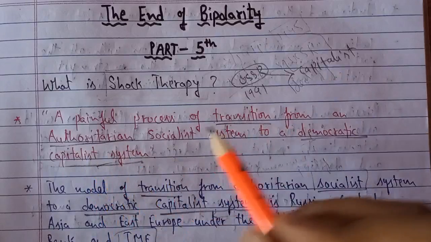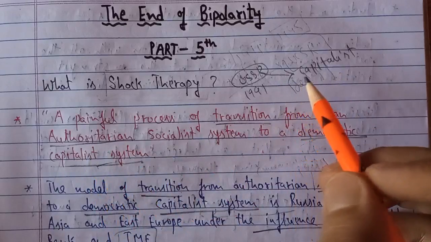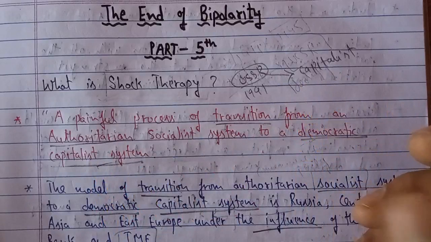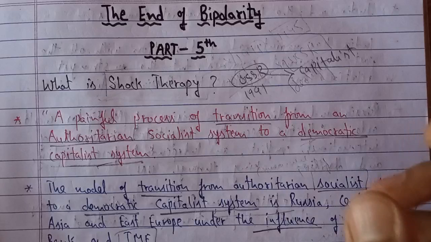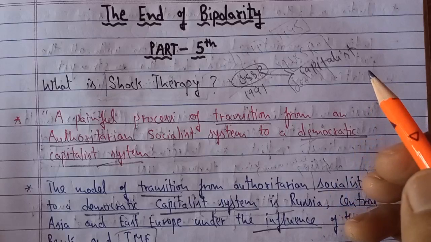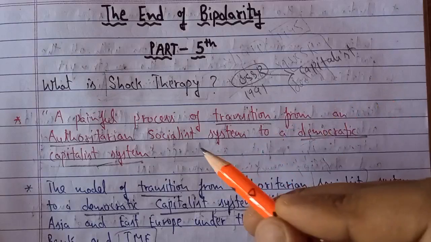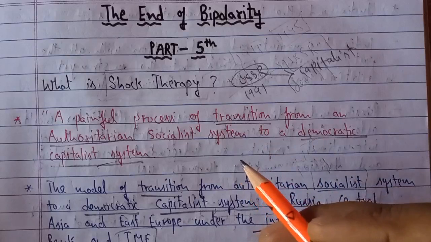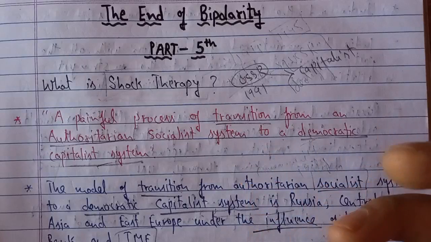It is painful because the outcomes were not good enough. We could see many negative impacts on the society, on the republics of USSR, when they were making a transition from a socialist system to a democratic capitalist system. They wanted to change their system within a night, within a day.